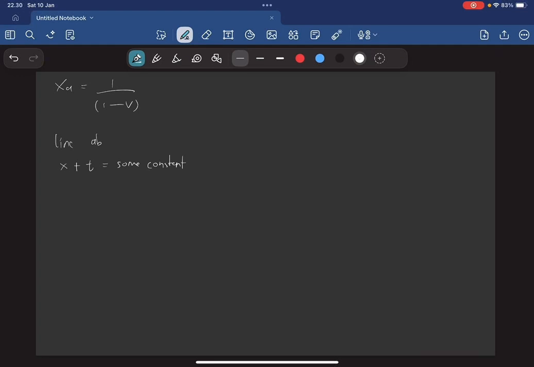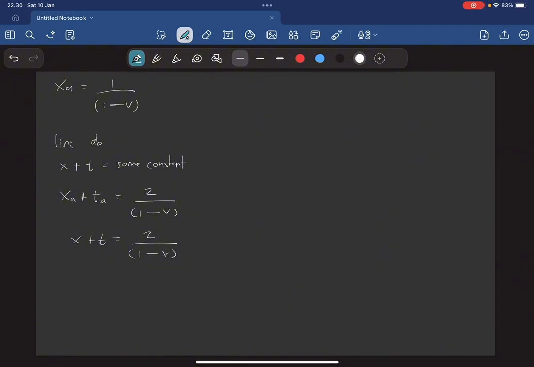In particular, we happen to know that at point A, x_A plus t_A equals 2 divided by (1 minus v). Therefore, we know that this is true all along line AB, and the equation for that line must be x plus t equals 2 divided by (1 minus v).